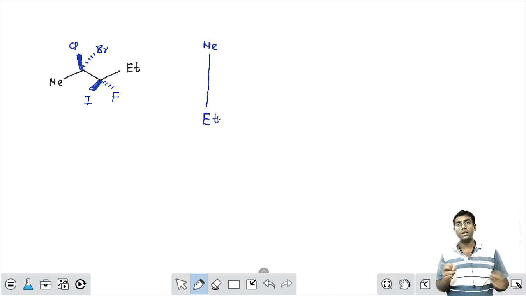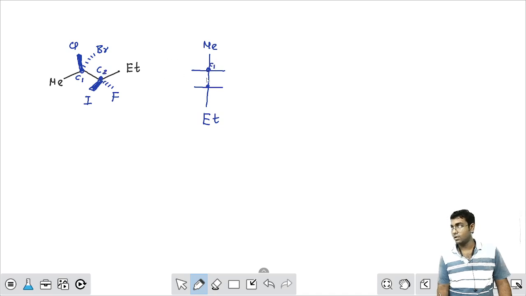So I am fixing the on the plane substituents in a linear manner. Now there are two carbons, C1 and C2. If I name this carbon C1 and this one C2, then C1 is adjacent to the methyl group. Now C1 contains two substituents, one chlorine and one bromine.